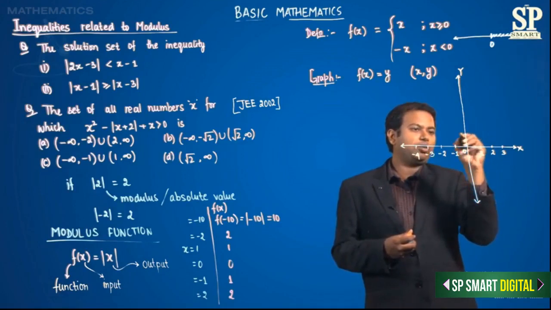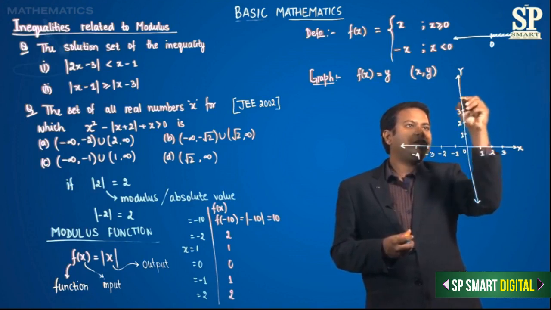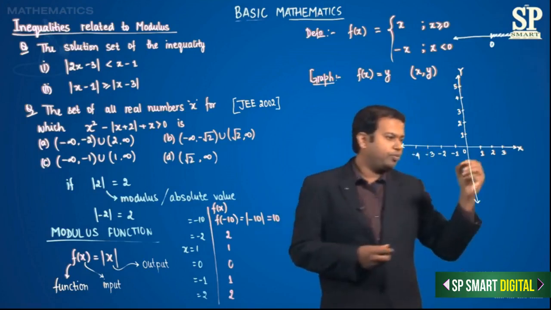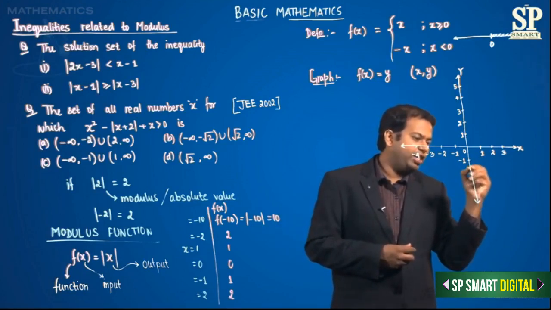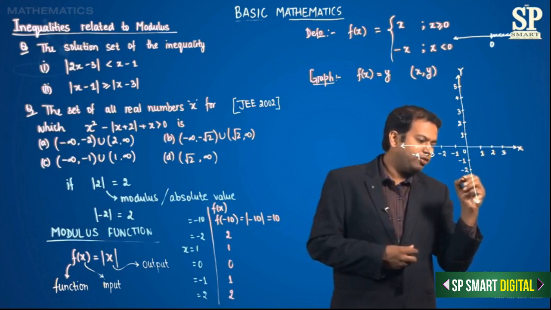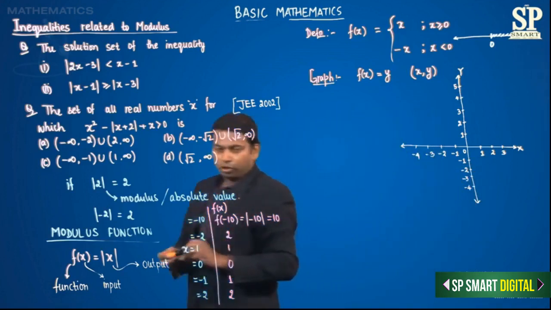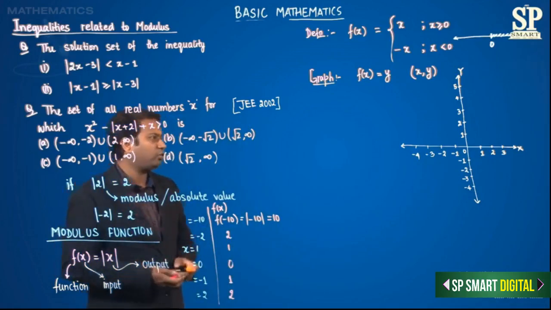Let me mark here 1, 2, 3, 4, 5 and so on. And similarly on the negative y-axis we need to have the following marks. So this is how our graph looks like.